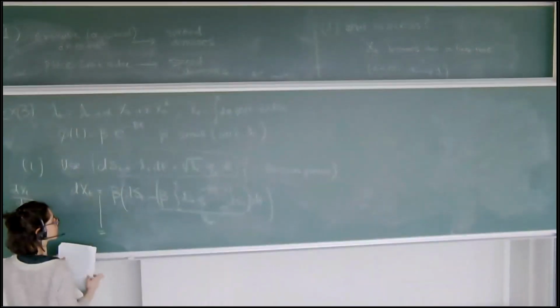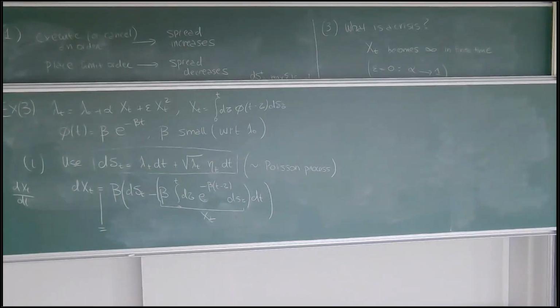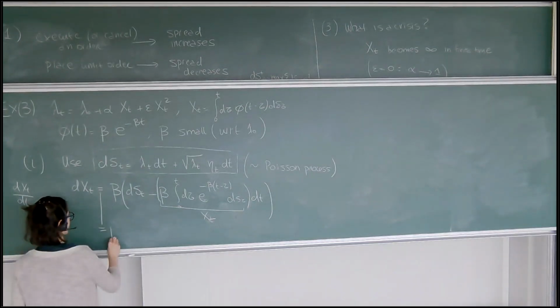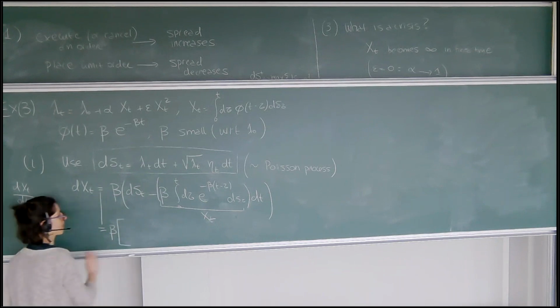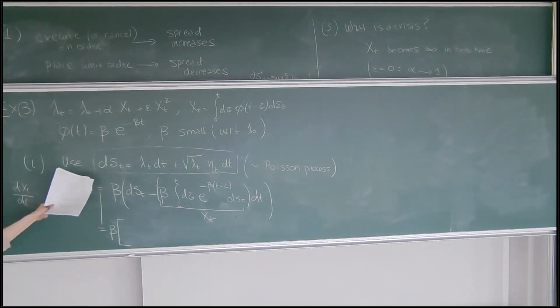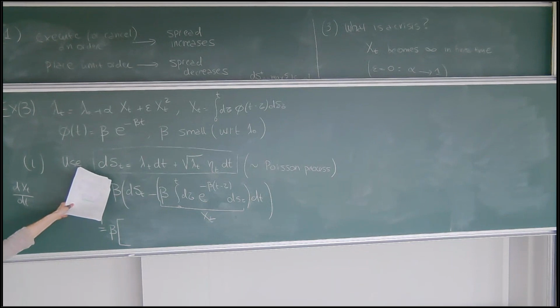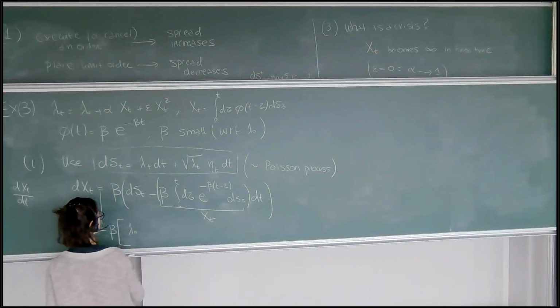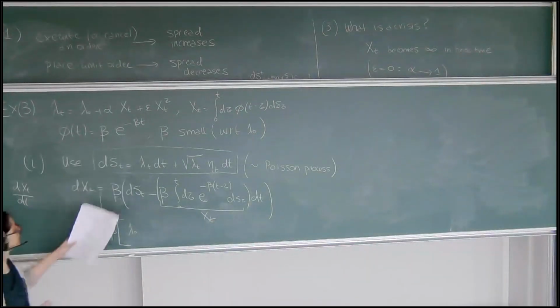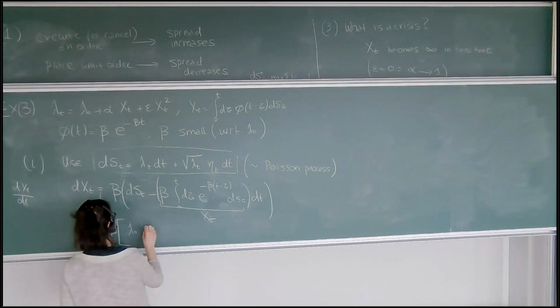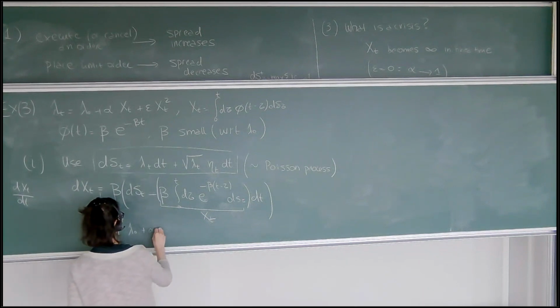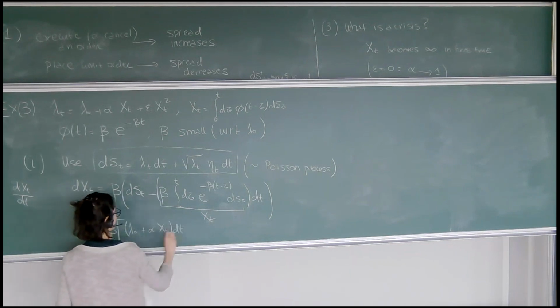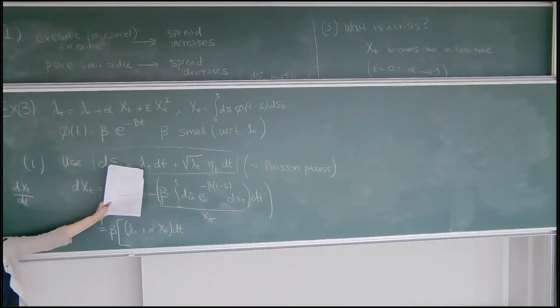Okay, so now let's try to write this in a way which is cleaner. So I have this beta. Then I plug in the expression for the s of t, and I plug in the expression for lambda itself. So let me try to collect everything. I have a lambda 0 plus alpha x of t, dt, which comes from here.